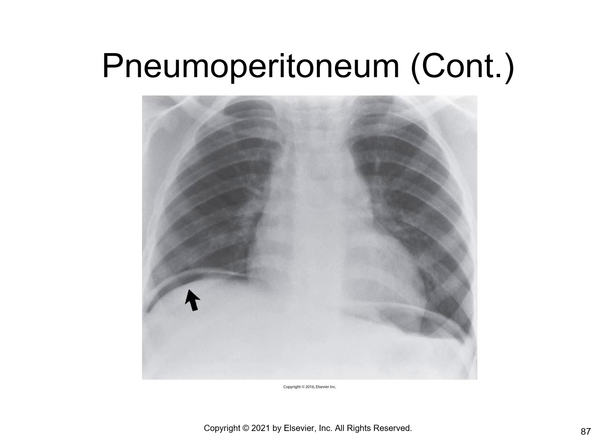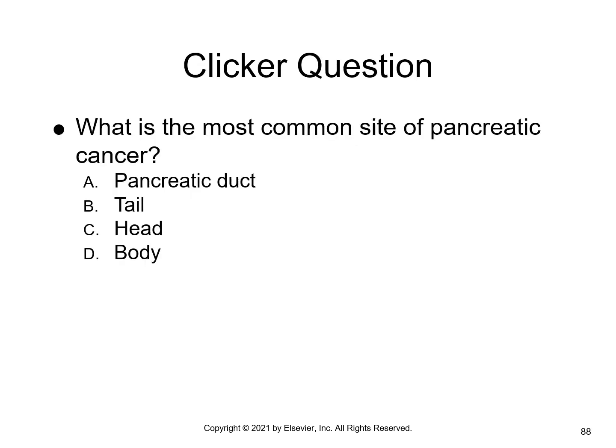Here you see air beneath the diaphragm, and it's not contained in the stomach. So you know that this is free air underneath the diaphragm, which would be pneumoperitoneum. If your patient was so ill they could not stand up or sit up for an extended period of time, then you could always obtain these air fluid levels in your decubitus positions.